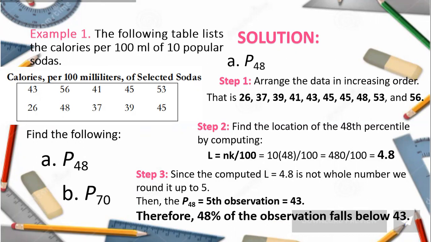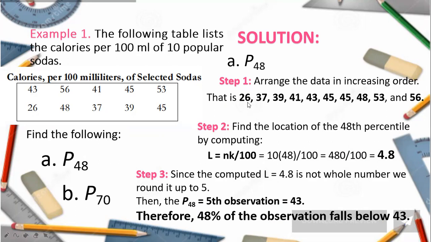So in the arranged data, we look for the 5th observation. From the arranged data, we have 43 as the 5th observation.